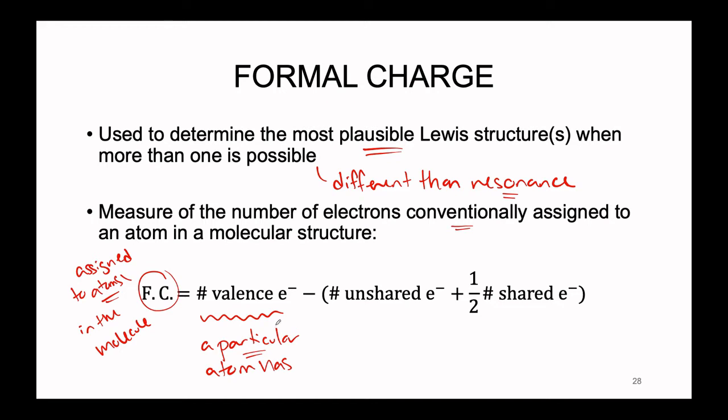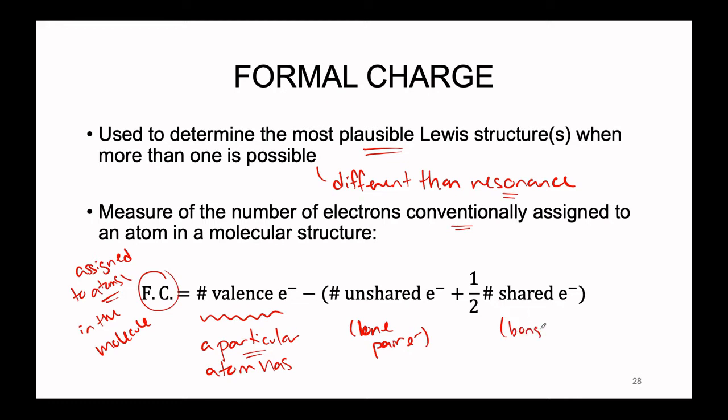So assuming a really nice stable formal charge, this is going to be equal to your valence electron count, again for a particular atom. We're going to subtract out the number of unshared electrons it has, so these are the lone pair electrons, and we're going to count each electron individually, and we're going to add that to 1/2 of the shared electrons.